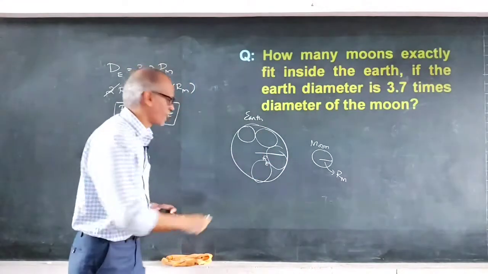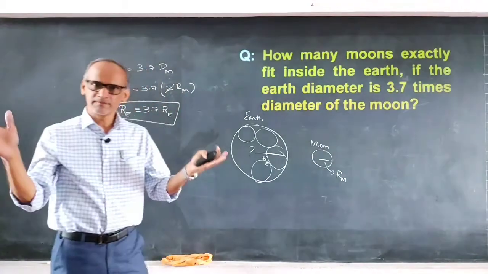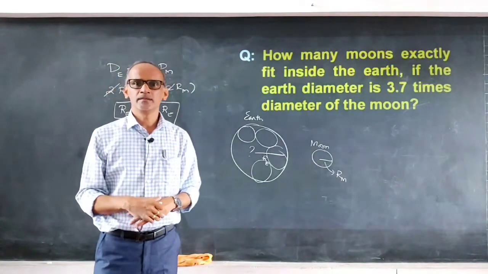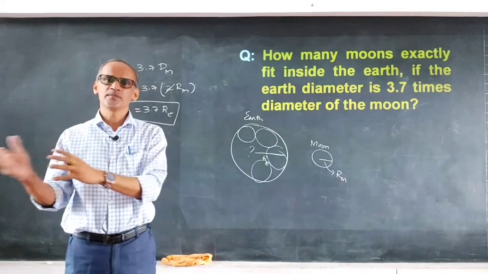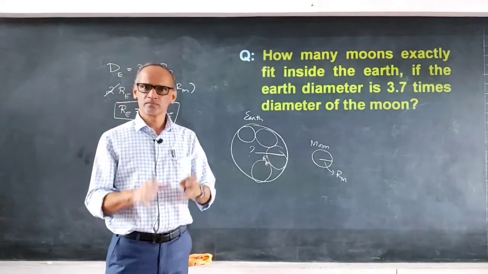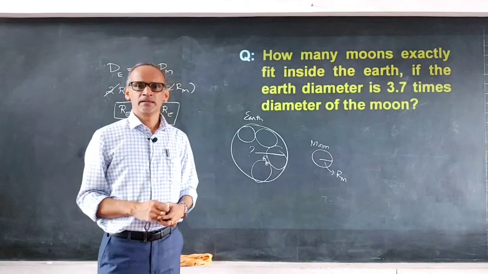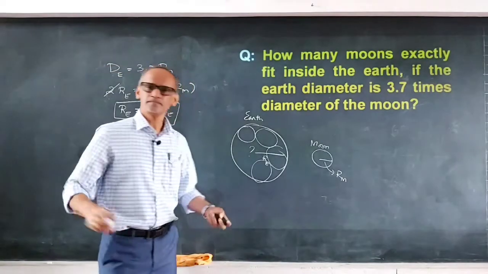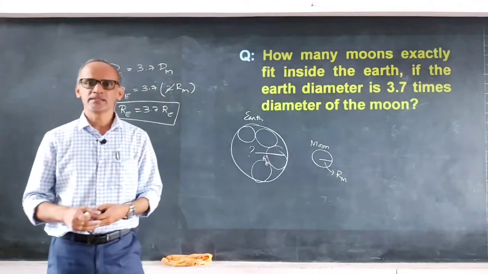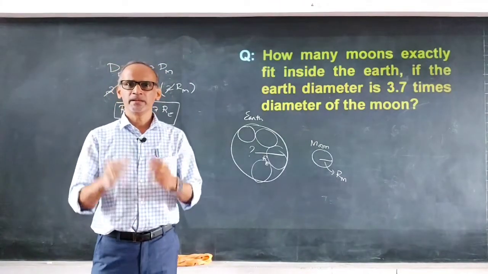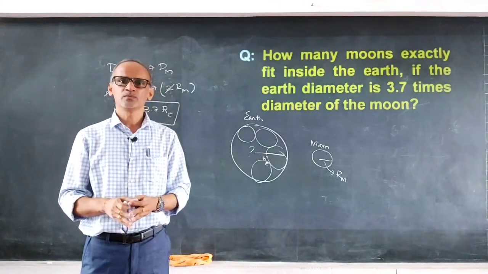So the question is, how many such moons will fit inside our earth? Only for calculation purposes. Let n be the number of moons that we can place inside.